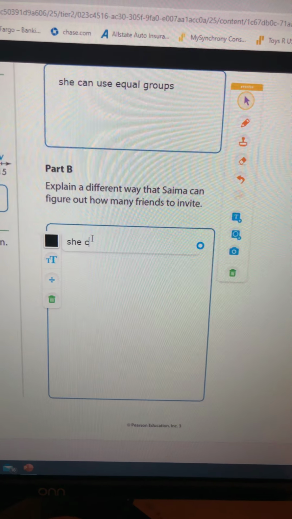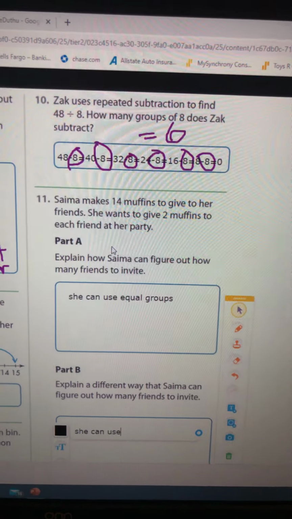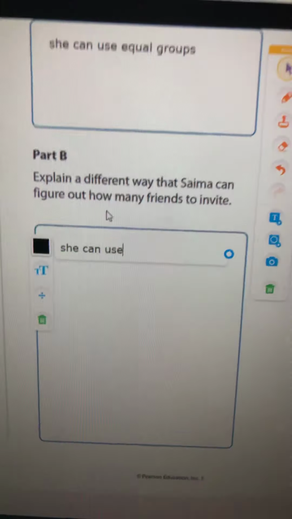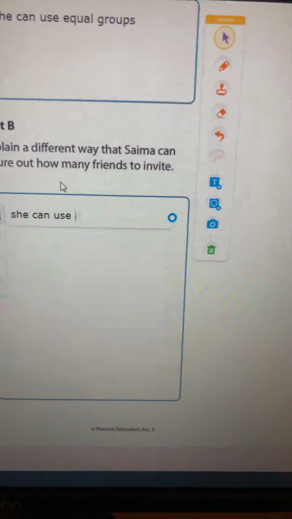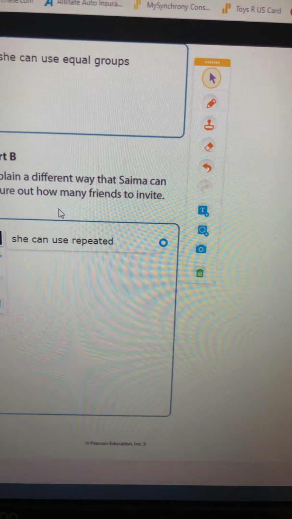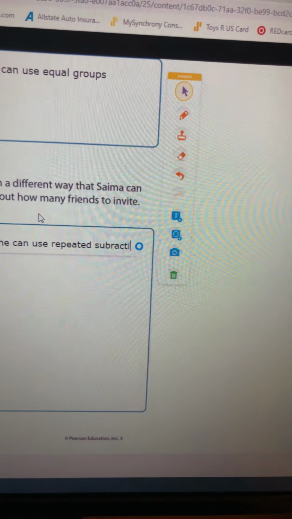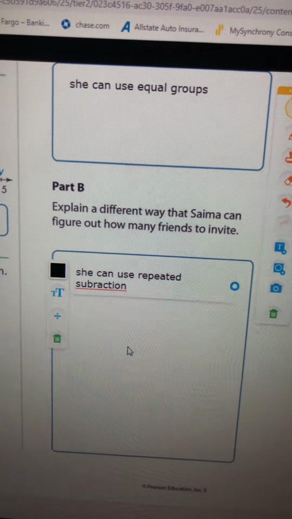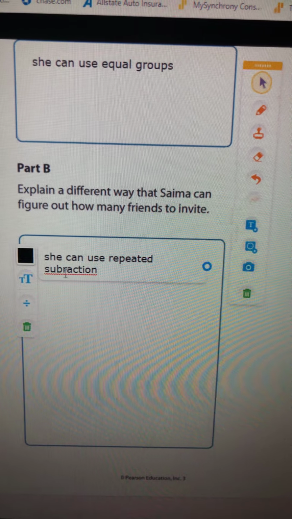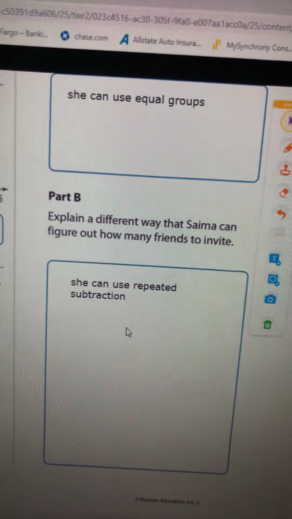So she can use, do you remember what we did at the top? Look at that. Repeated subtraction was the other way. Okay, so repeated subtraction is the other thing that we use to find out how to share equal or to divide. All right, repeated subtraction. Did I spell it wrong? Oh, yes, I did. There we go. That's better.